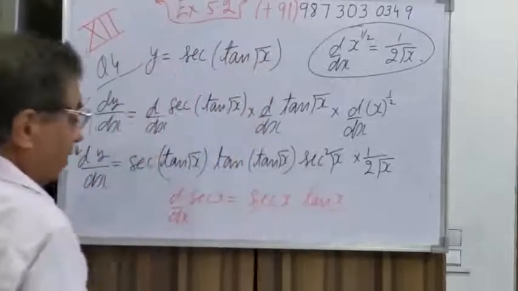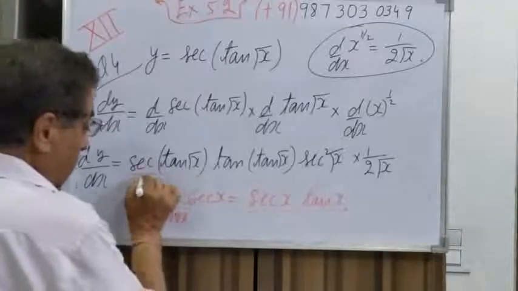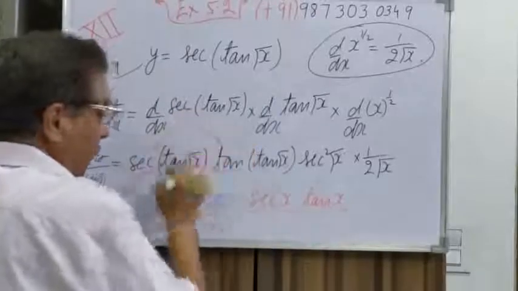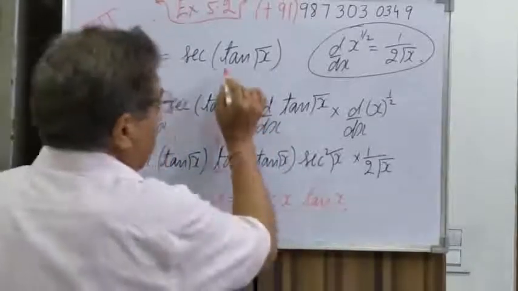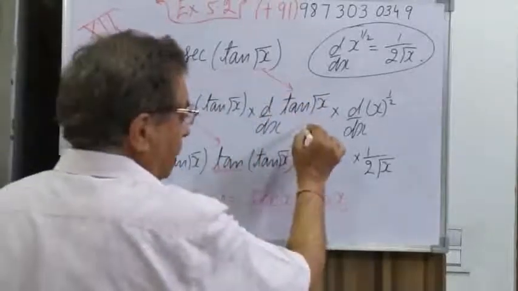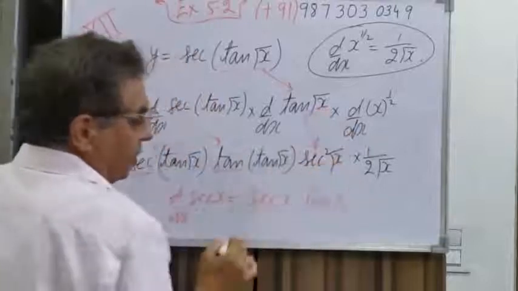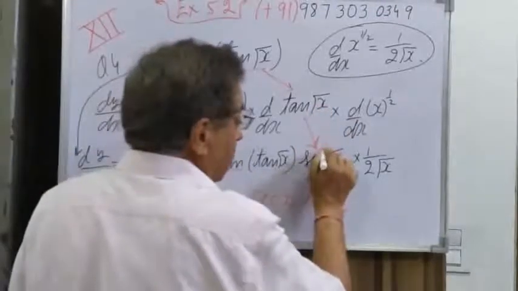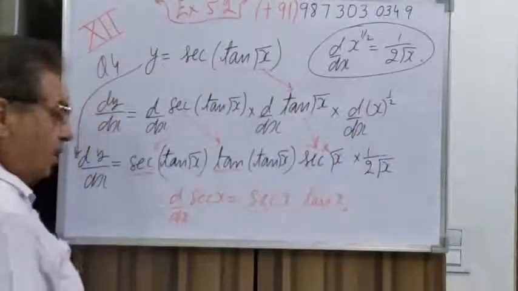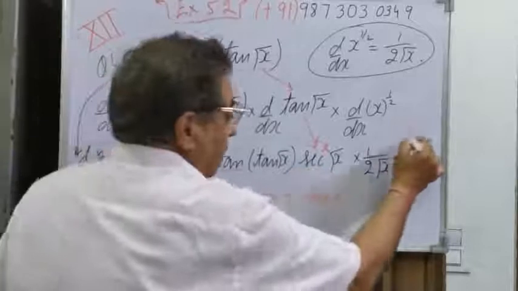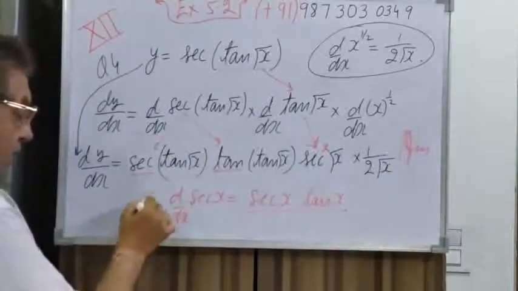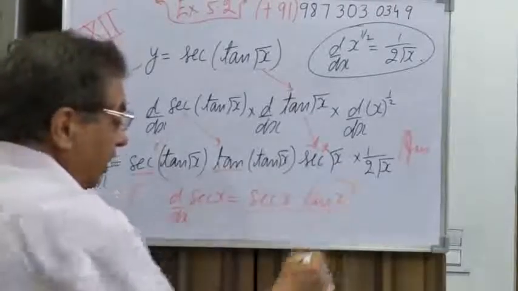Same way, here it was secant into tan. And then as per the chain rule, the derivative of tan root x gives us secant square root x. After getting the secant square root x, we go for d/dx of root x, that is 1 by 2 root x. So that is the final answer we have got. This is just the formula we have applied here.